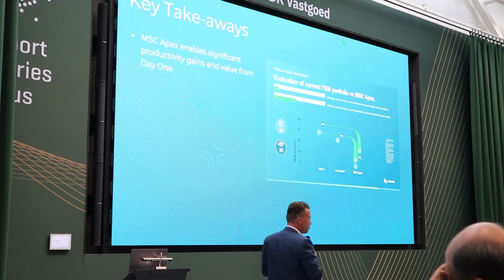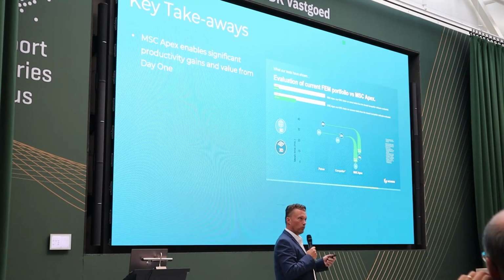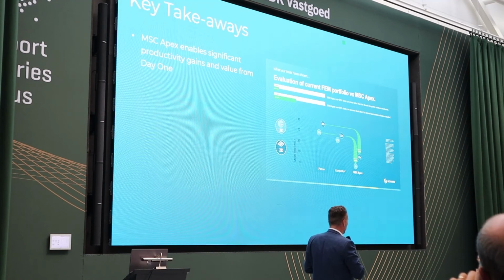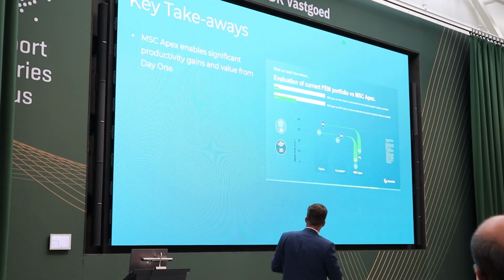For me, within In Summa, it's my go-to tool for geometry. I work with Mentat, I work with Marc, I work with other tools within the huge portfolio of Hexagon. But currently, my tool for geometry modification and meshing is Apex.